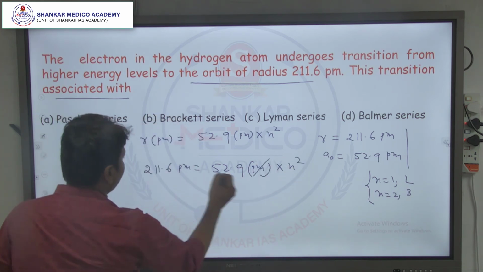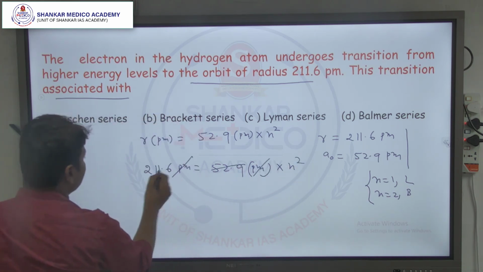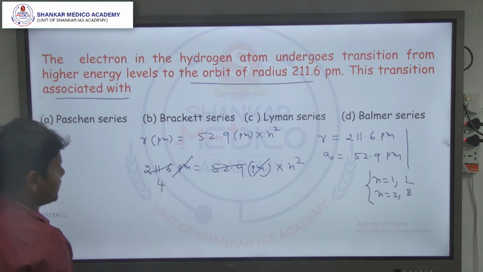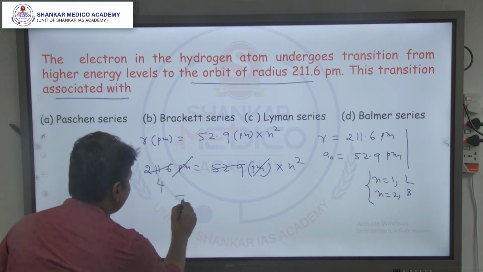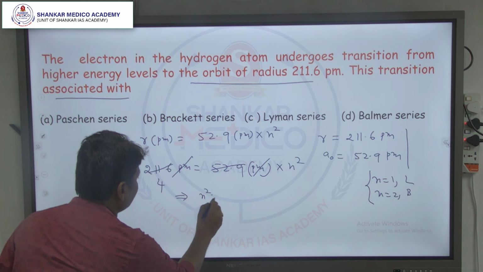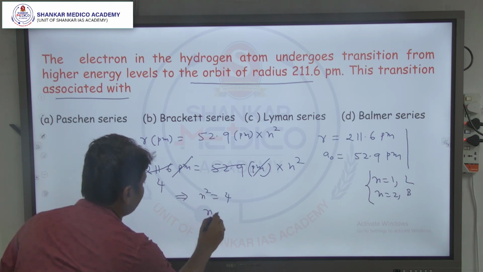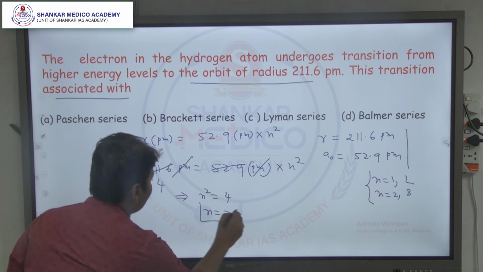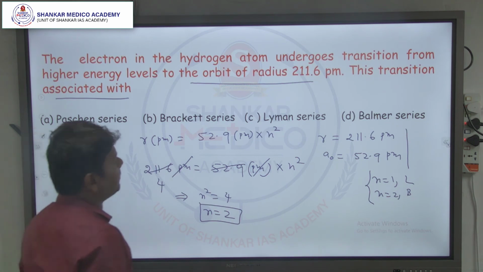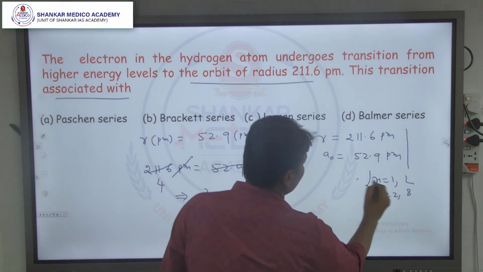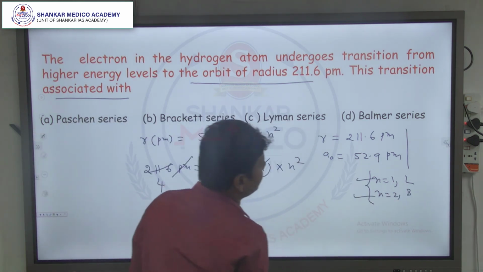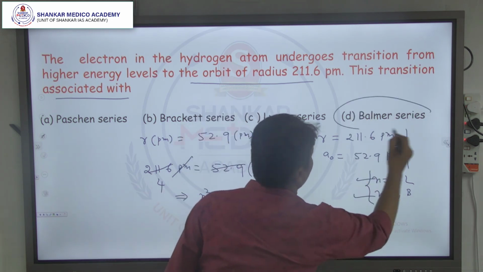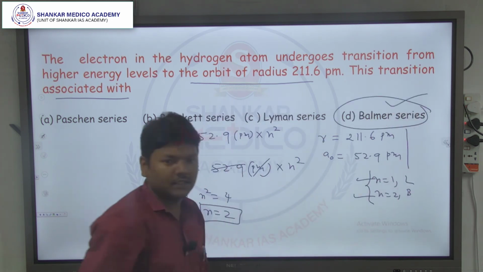Picometer I can cancel, and this will go 4 times. So, n square equals 4, and n equals 2. Your n value is 1 means Lyman, n value is 2 means Balmer series. So, your option is D.